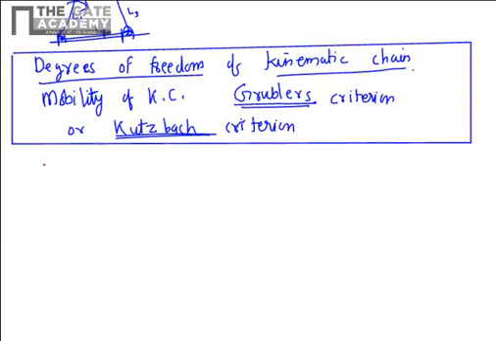Let us first assume that there is a kinematic chain or a mechanism with n number of links and j number of joints of nth class.